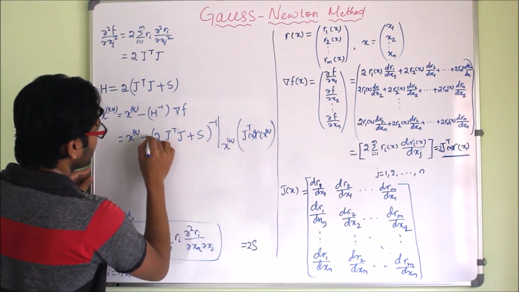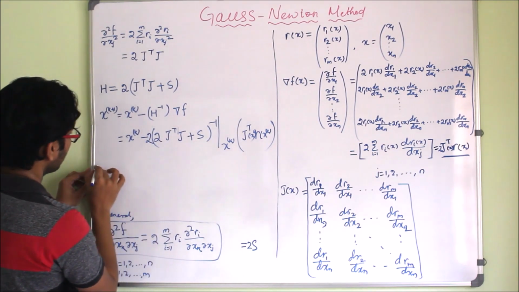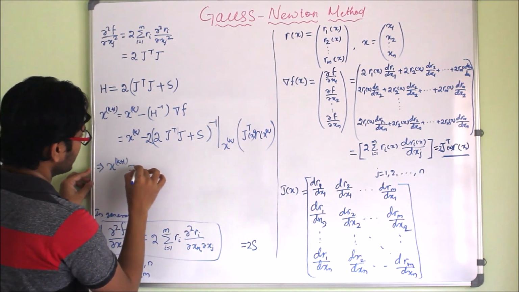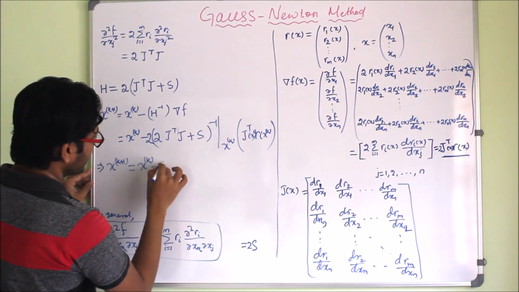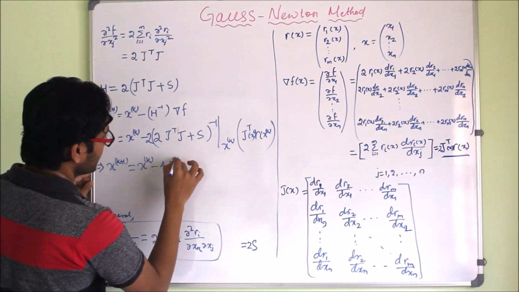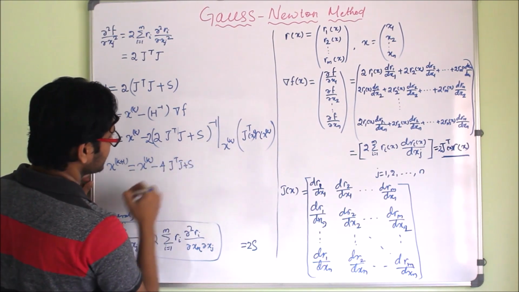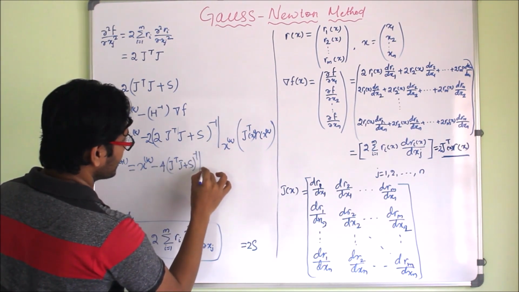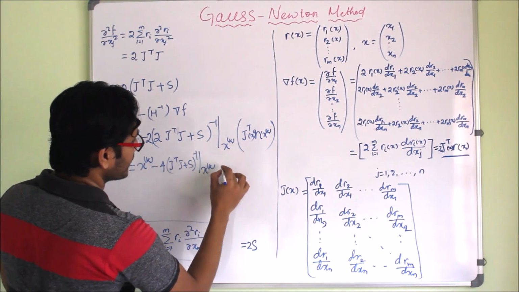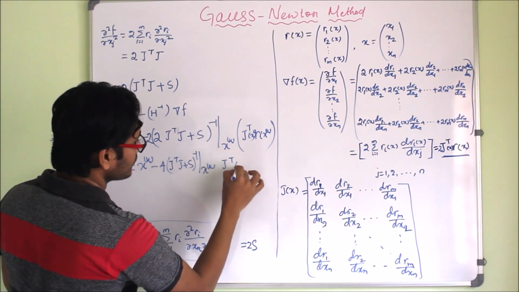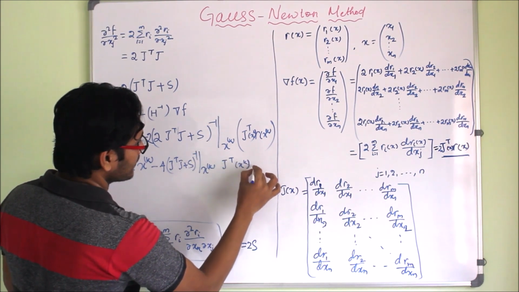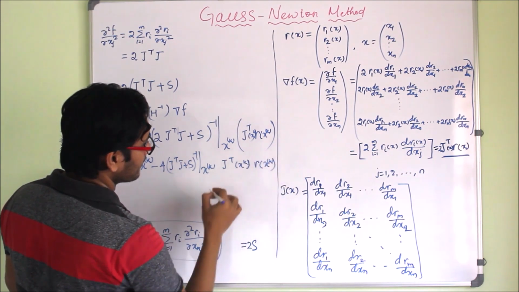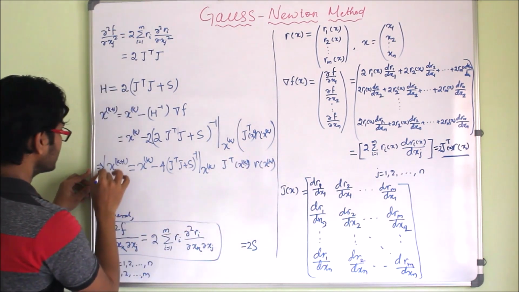So it will be 2 into 2, or finally xk+1 will be xk minus 4 (J transpose J plus S) inverse at xk, into J transpose xk into R of xk.